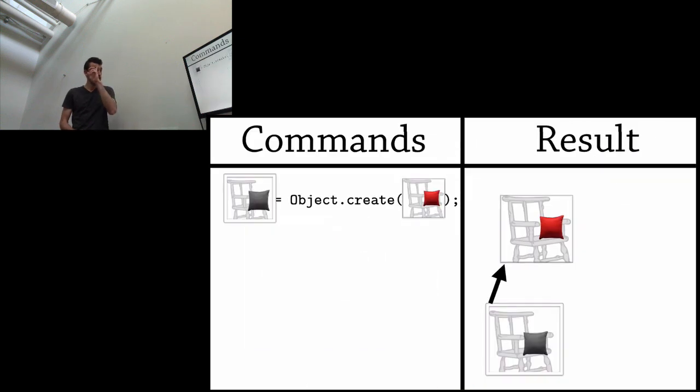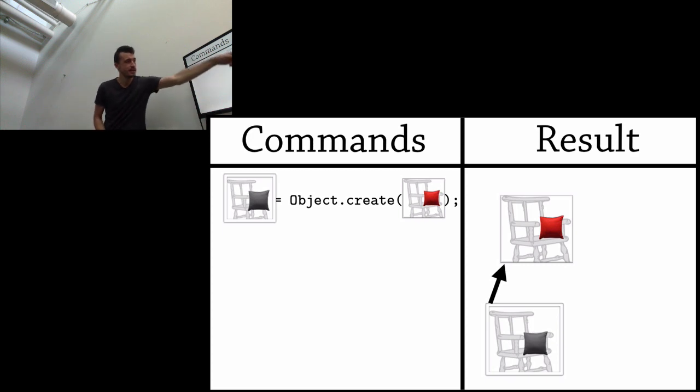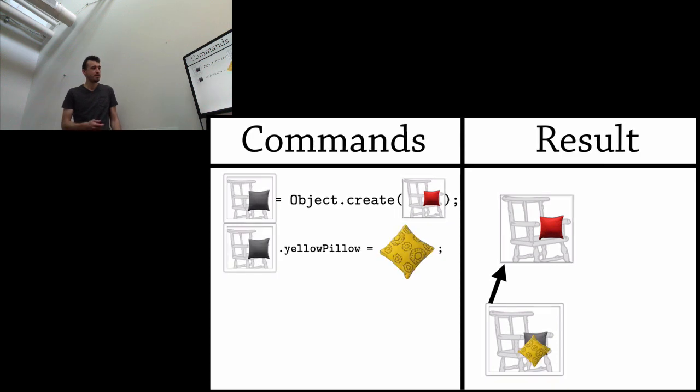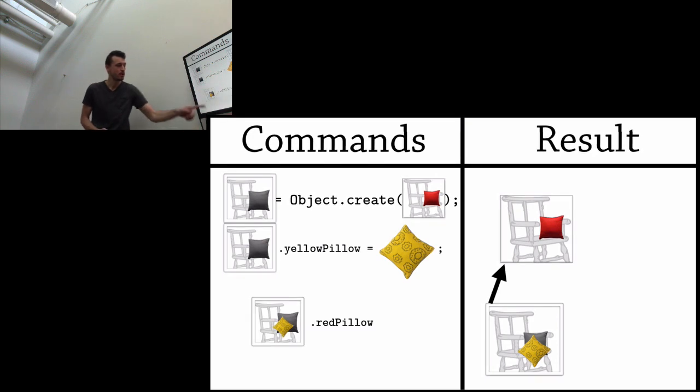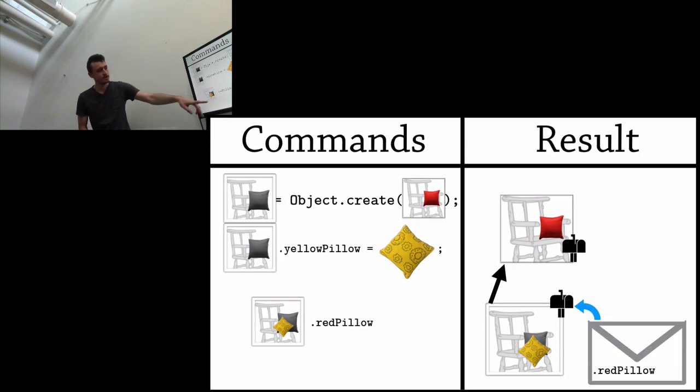So in pseudocode, if we create an object that is like this single pillowed chair, we add a yellow pillow to it, and then we ask this bottom one, can I get your red pillow? What's actually happening is when we set up our mailboxes, we send the bottom object, the child object, the message, can I have your red pillow?